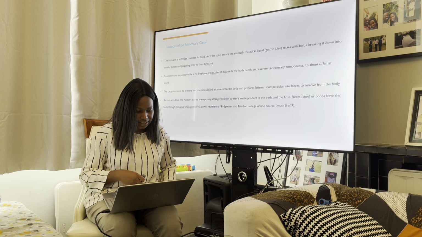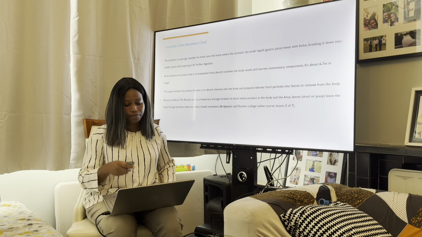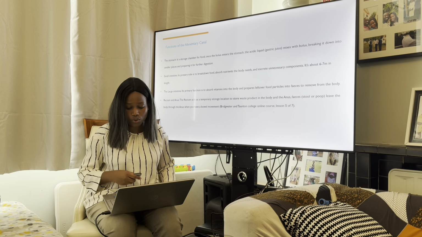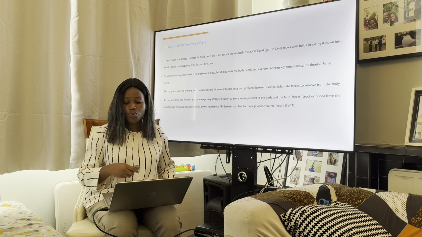The large intestine: its primary function is to absorb vitamins into the body and prepare leftover food particles into feces to remove from the body.